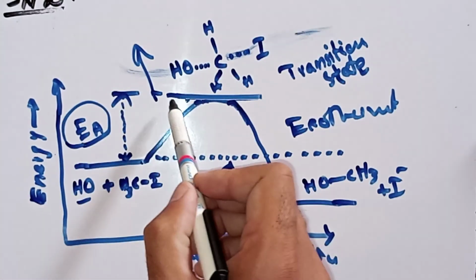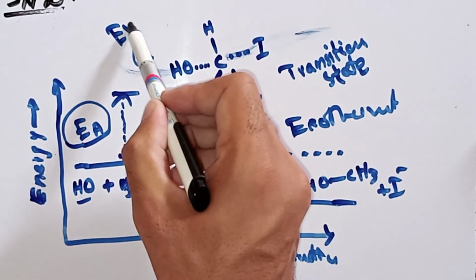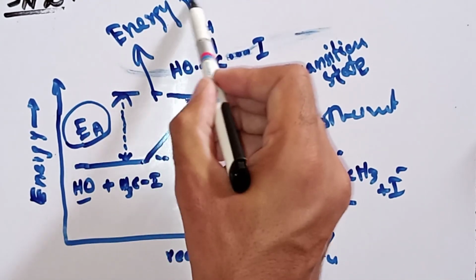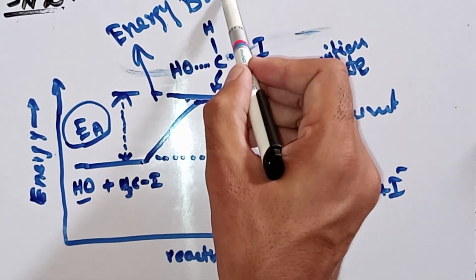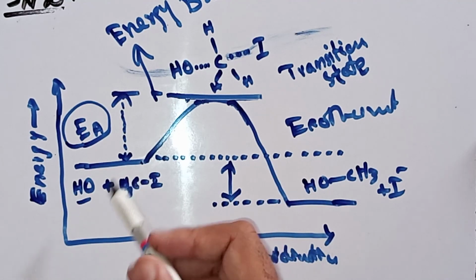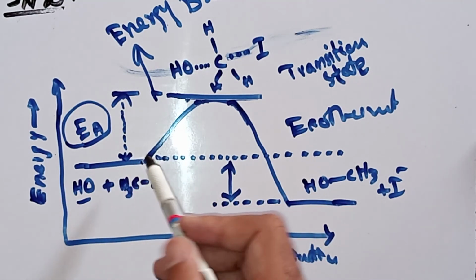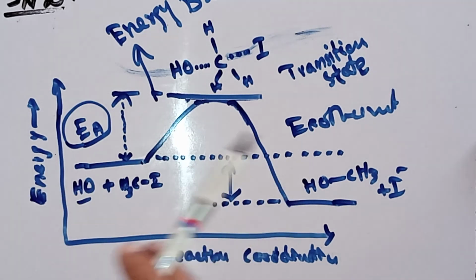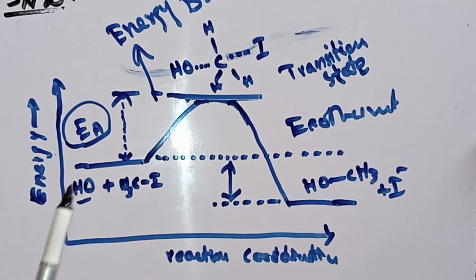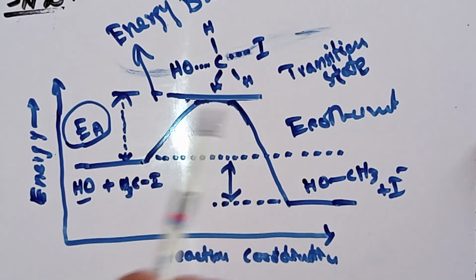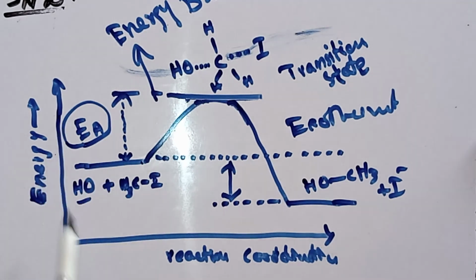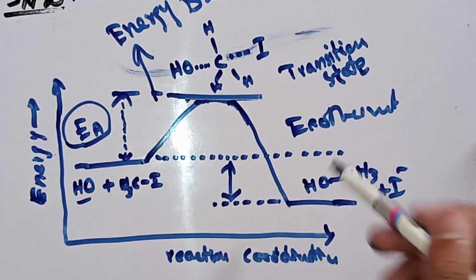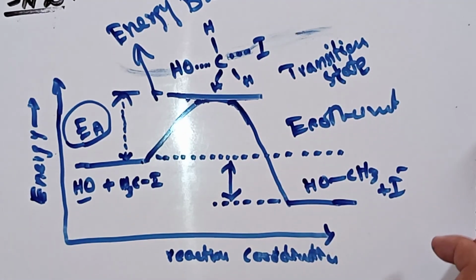Energy barrier means that after it is crossed, the reaction proceeds by itself, not by external energy. So this is the reaction energy diagram for the SN2 reaction.